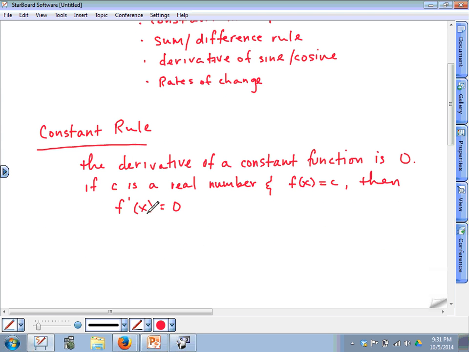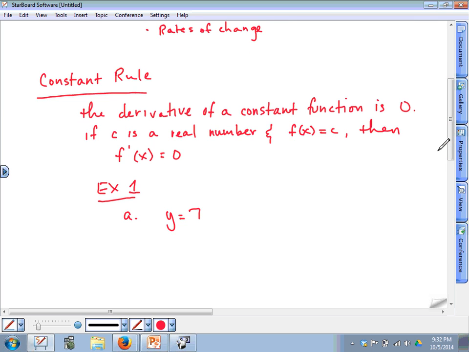For example, if we are finding the derivative, y equals 7, then you would say the derivative of y, or dy/dx, that's one of the different notations for derivative, would equal 0.